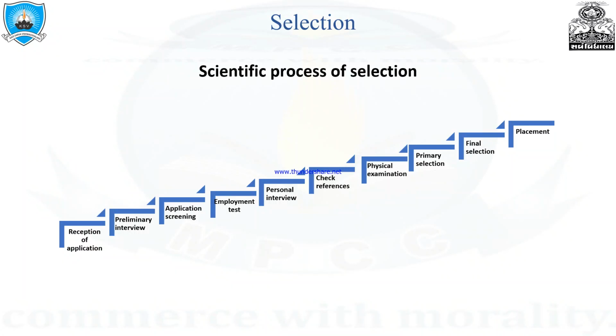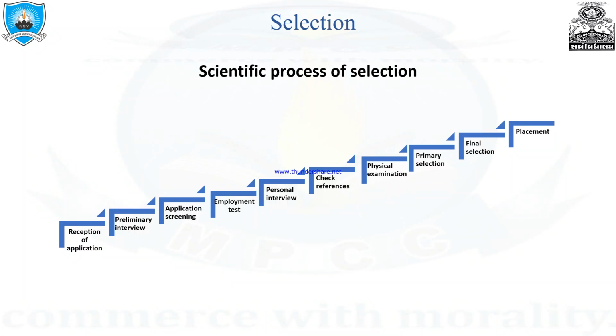If the candidate is found suitable through checking past references, physical examination, other documentation and the interview process, then on the basis of these steps, he is given a probationary appointment to the job for some time. The new employee works as a trainee for some period.